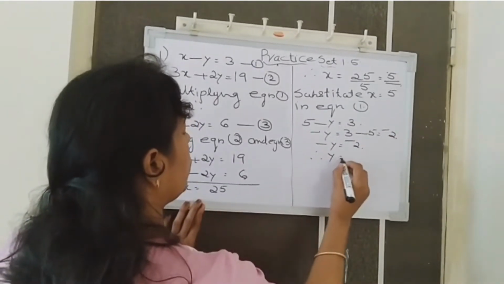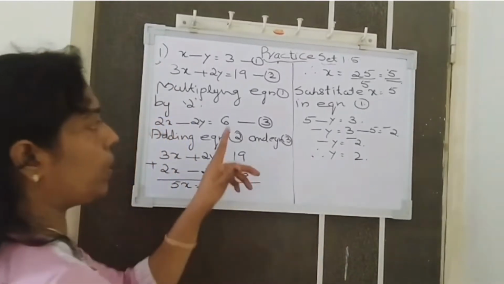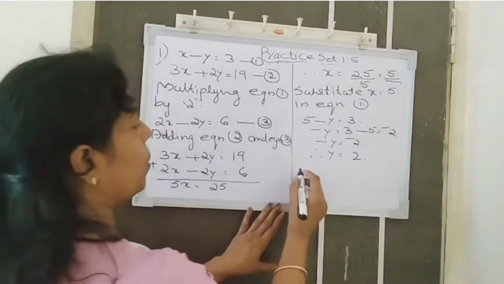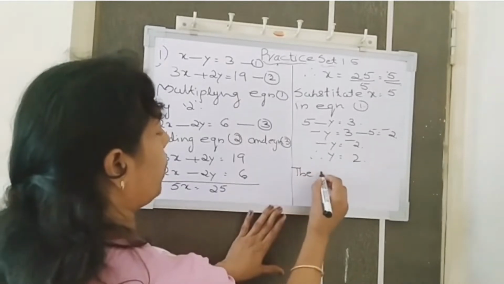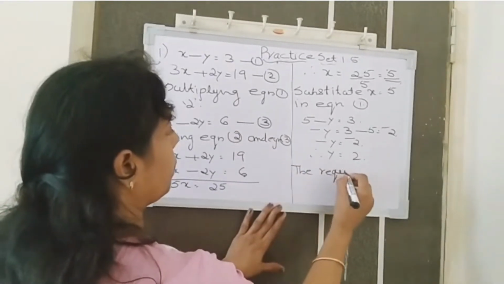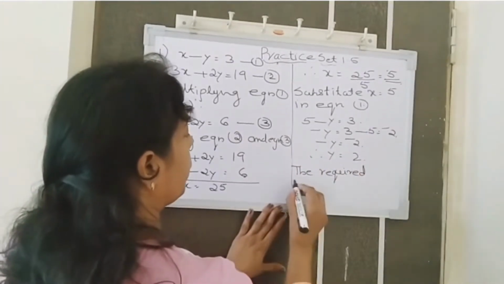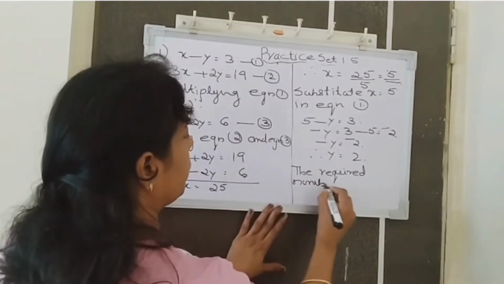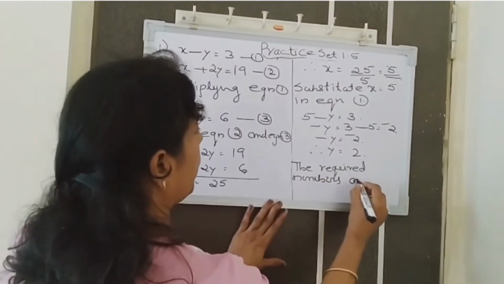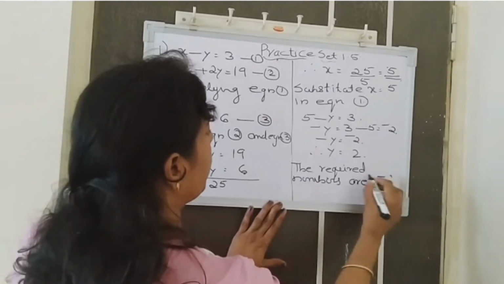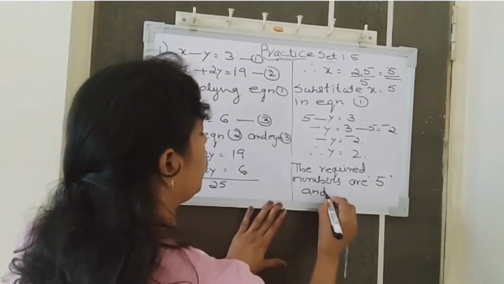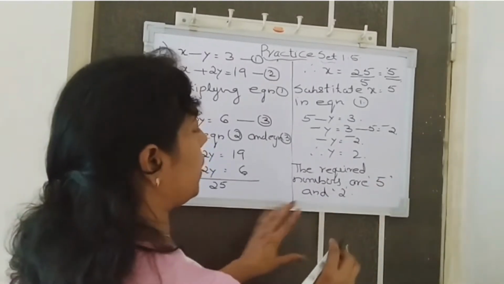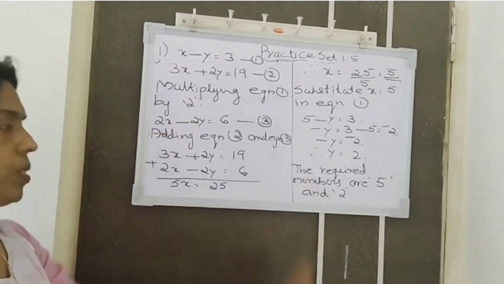Therefore y equal to 2. Therefore x is equal to 5 and y equal to 2. Therefore the required numbers are 5 and 2. 5 is the greater number and 2 is the smaller number.